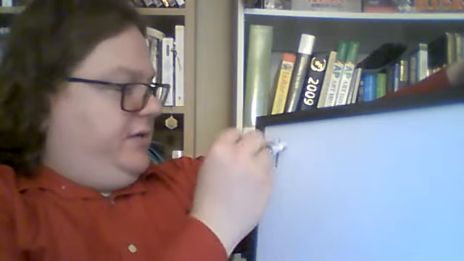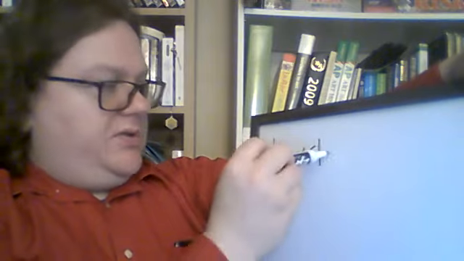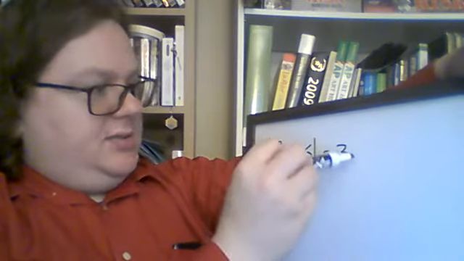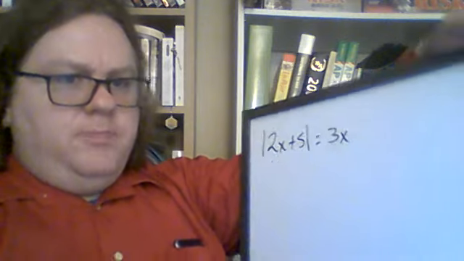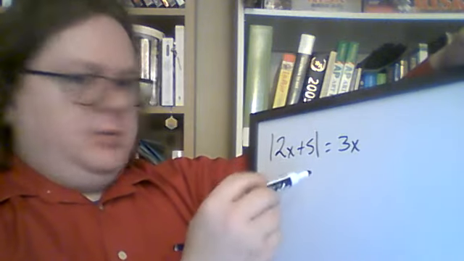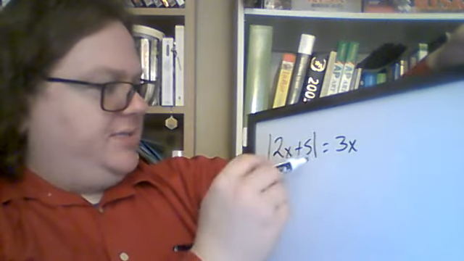Okay, here's the next special circumstance. Absolute value of 2x plus 5 equals 3x. Is this going to be a special circumstance? I don't know. This seems odd.